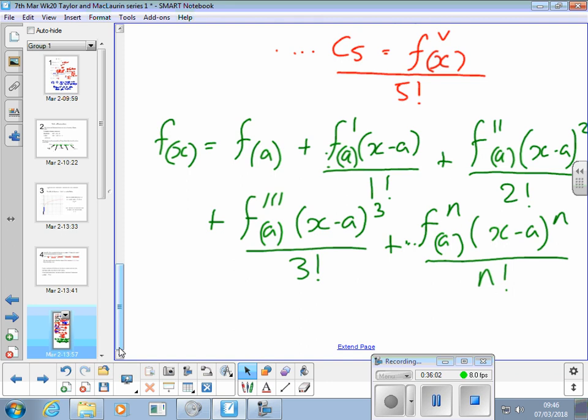That's the power series for a particular function f, focusing on the point a, where a is the value of x at that particular point. Okay, so you'll see what I mean by focusing on a point a bit later on. It'll become much clearer.